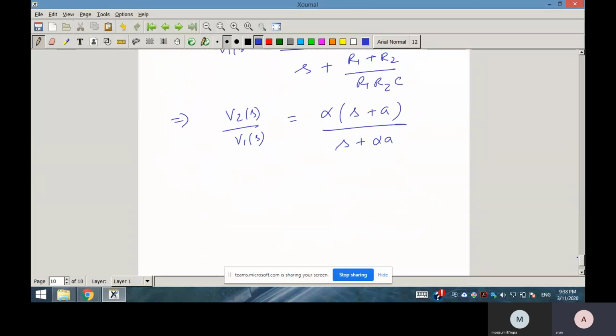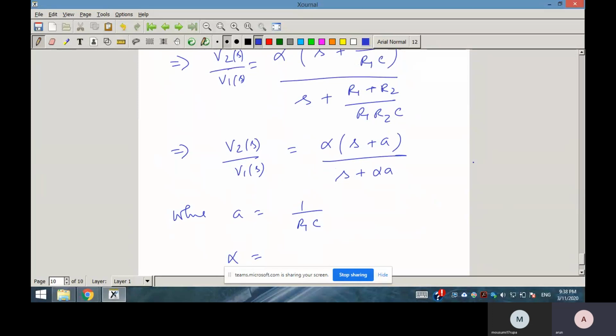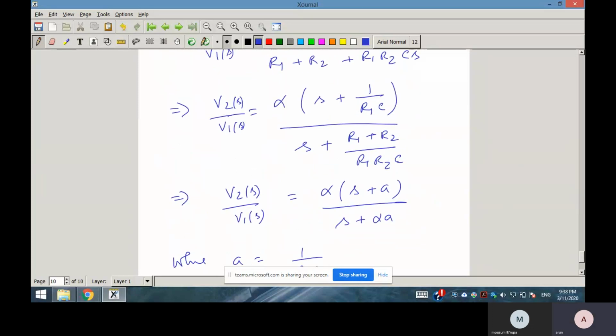So where A is what? A is equal to 1 by R1C, and alpha is equal to R2 divided by R1 plus R2.